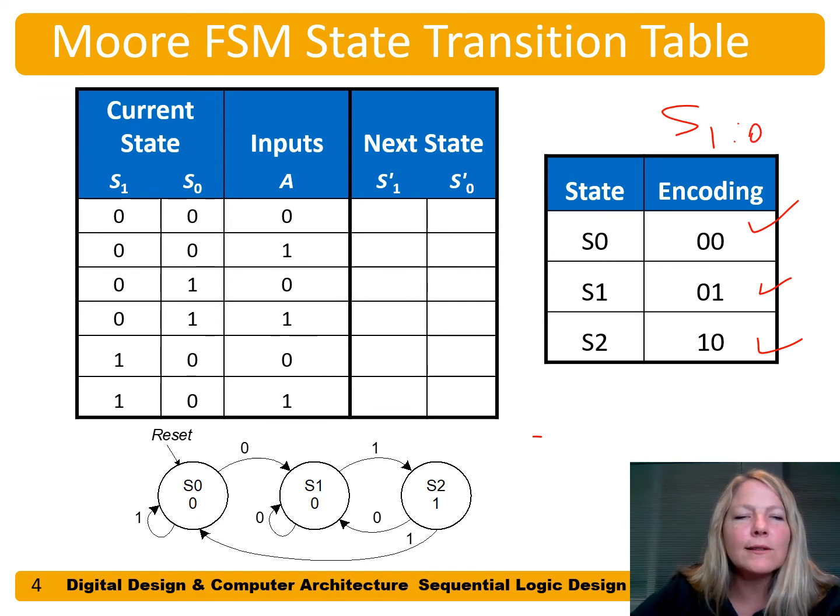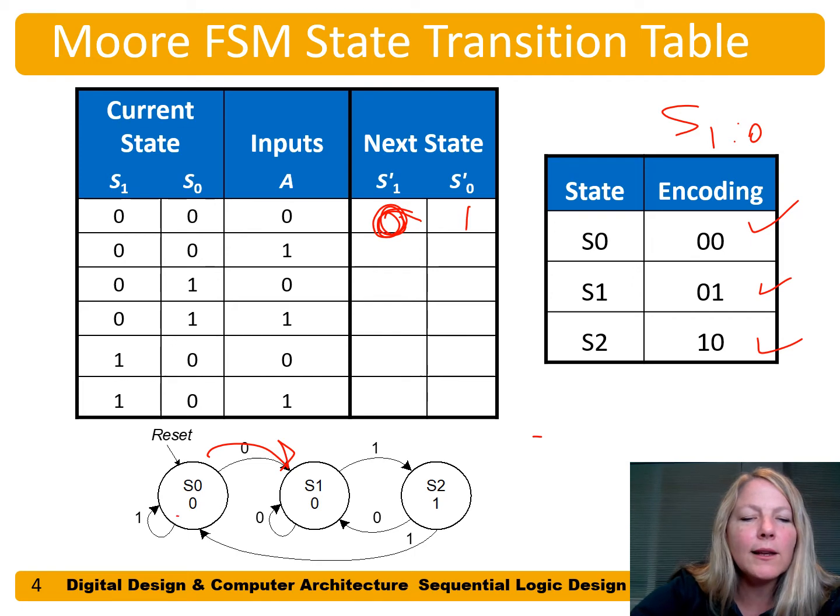So if we're in the 0 state and A is 0, this transition here, it goes to the S1 state. And again, we're going straight to the encoded state transition table. At first, I'd recommend doing the unencoded table first and then encoding it. If we're in S0 and we get a 1 instead, we're going to go back to state 0.